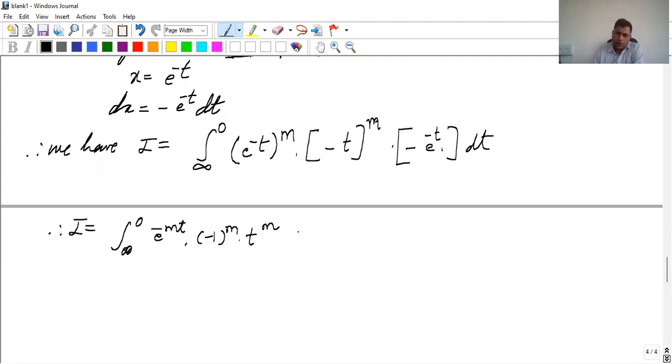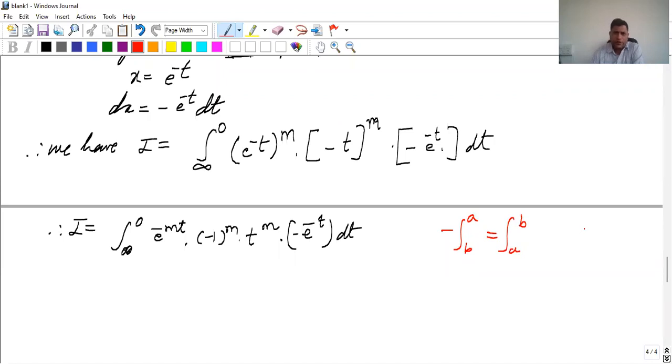Now can we absorb this minus sign so that these limits can be changed? What we know is minus times the integral b to a is nothing but the integral a to b.